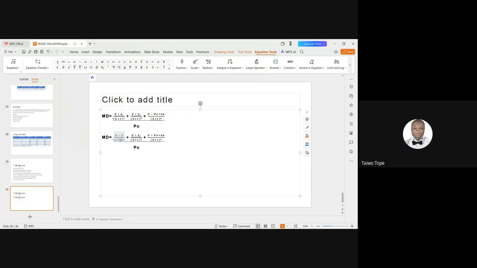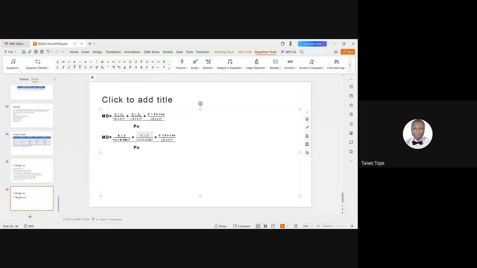Your R is 8%, so it will be 1 plus 0.08. In period 2, your C is still 6, multiplied by the time, 2, over 1.08 to the power of 2.